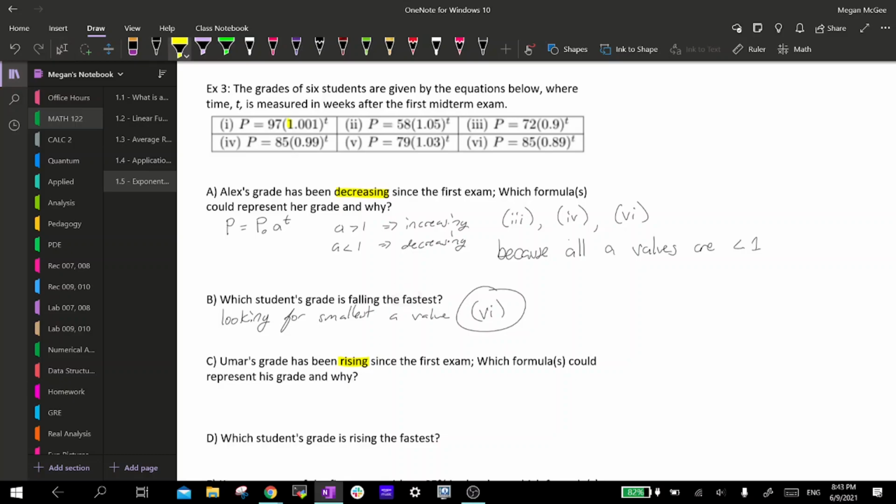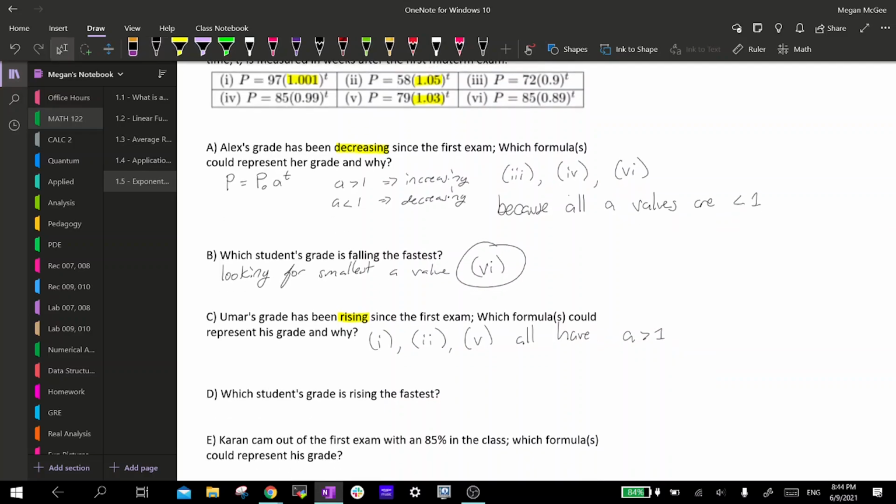Equation number 1, equation number 2, and equation number 5 all have A values greater than 1, so those are all contenders, which means they are increasing. Which student's grade is rising the fastest? Now we're looking for the largest A value.